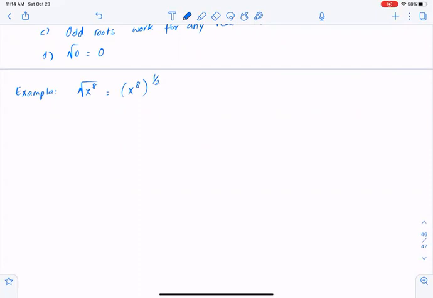Now we could use the rule of exponents and multiply 8 with 1/2, to get 8 times 1/2. The 2 goes into 8 4 times. So we will have x raised 4 times 1, which is 4.